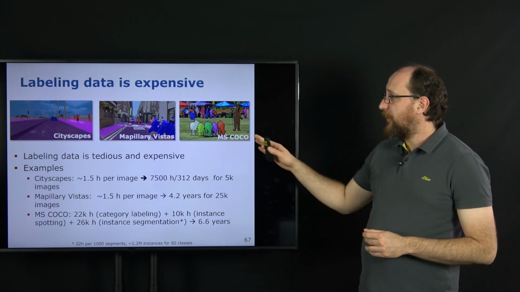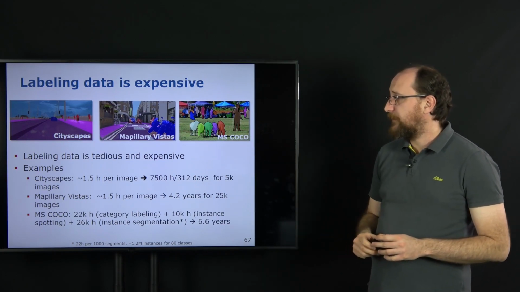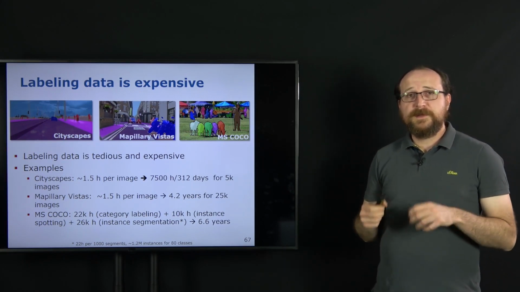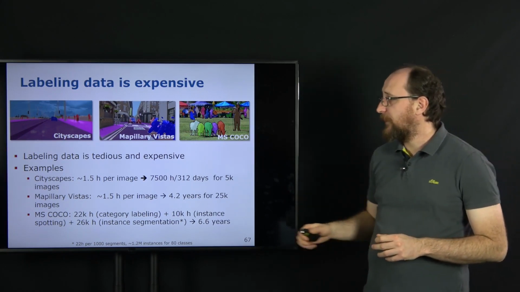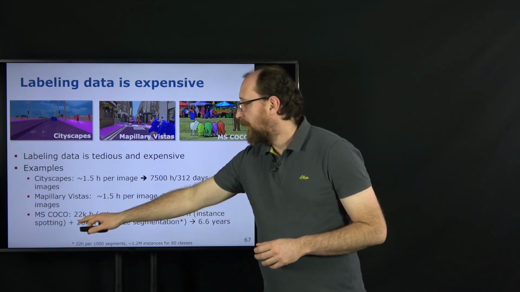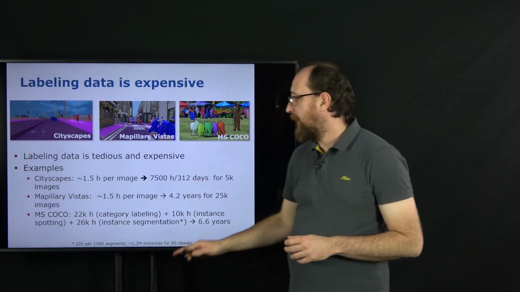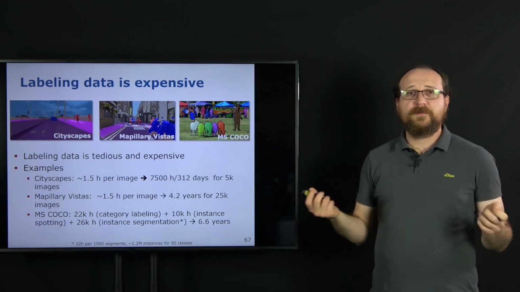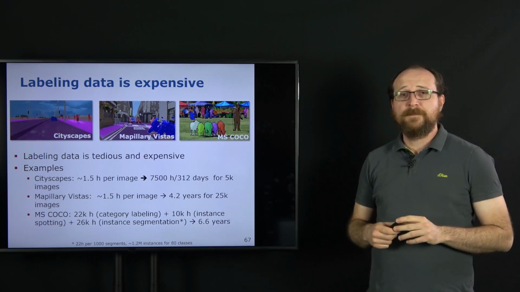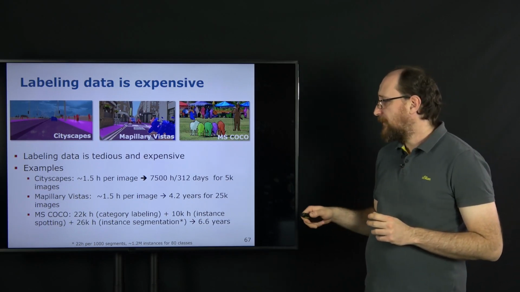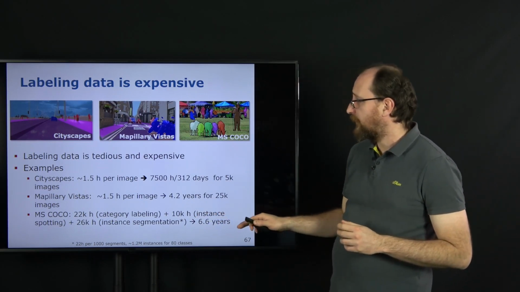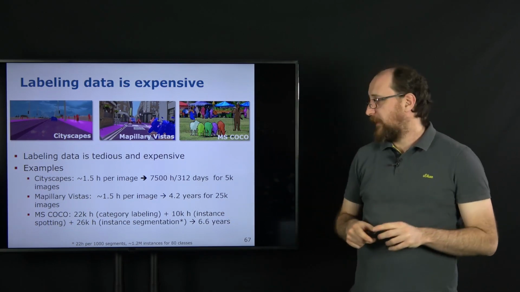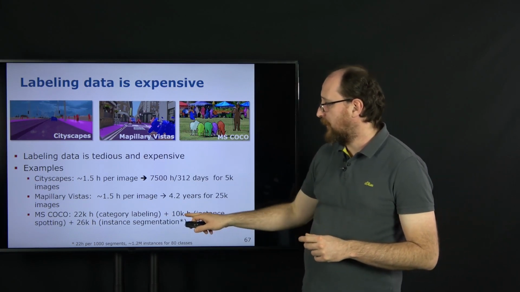For the MS-COCO dataset, the authors report that labeling the categories alone took something like 22,000 hours overall. So they had a large set of annotators that annotated these. Then for instance spotting, so assigning instances or figuring out where instances are located, this took an additional 10,000 hours.